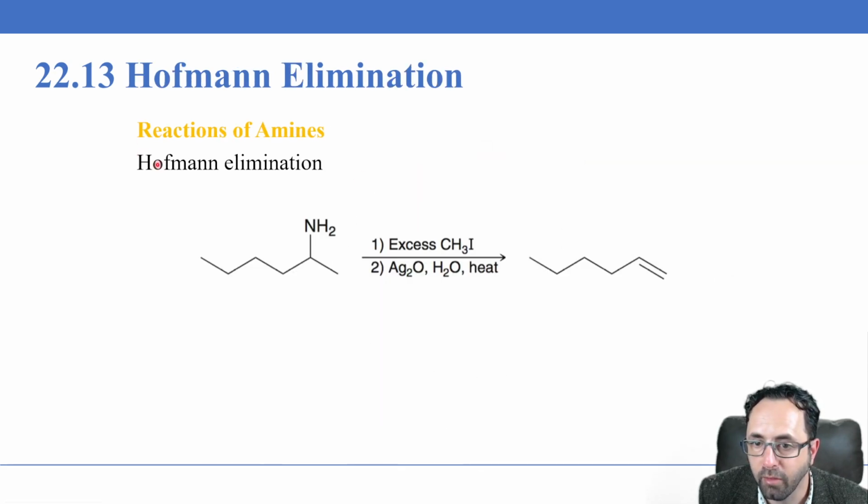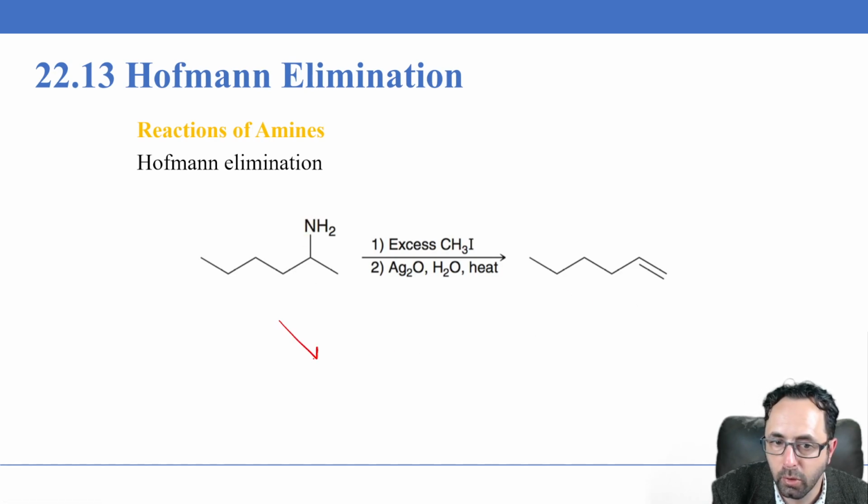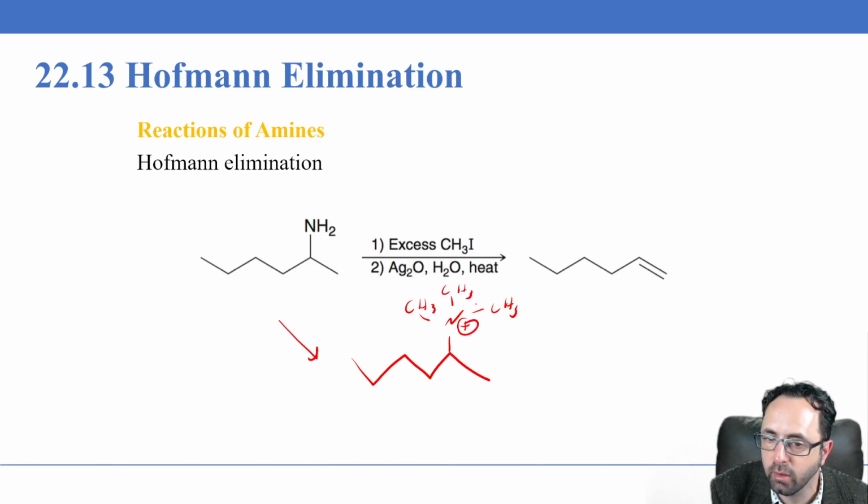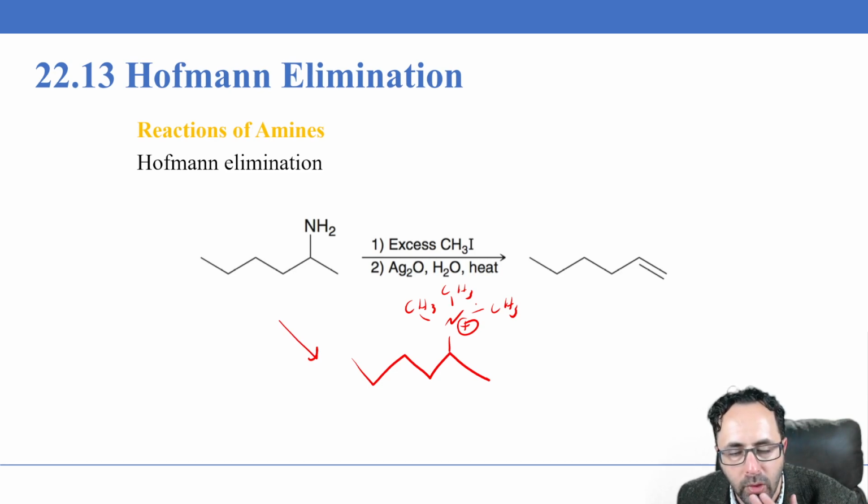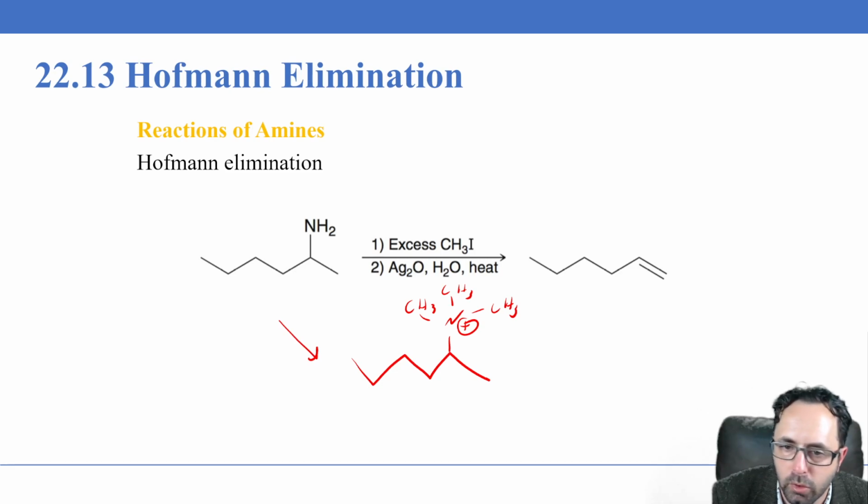We can also do a Hofmann elimination by reacting the amine with excess alkyl iodide. The first step here is the production of the quaternary ammonium salt. Since we have methyl here, we'll have 3 methyls added, and so we get this quaternary ammonium salt, the nitrogen making 4 bonds with no lone pairs, giving it a positive formal charge.